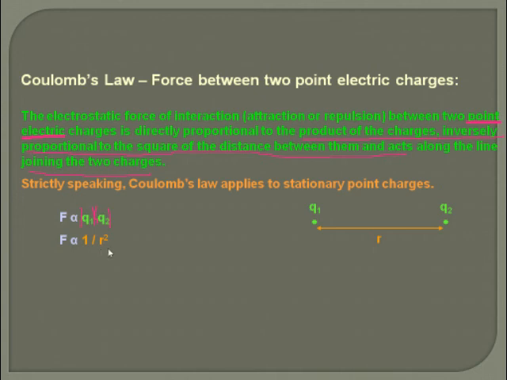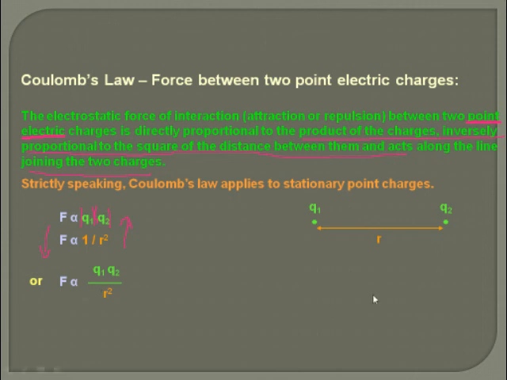So if we increase the separation between the charges, the force will decrease rapidly, by the square of the distance. Now if we combine both, we get F proportional to the product of magnitudes q1 and q2 and inversely proportional to r square.